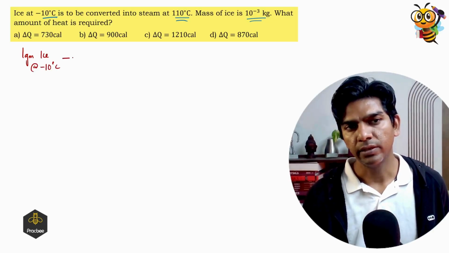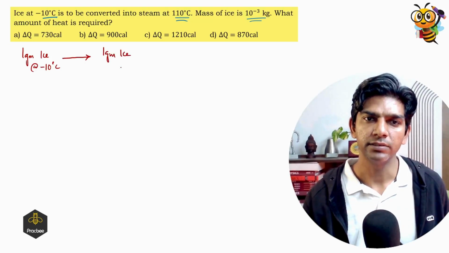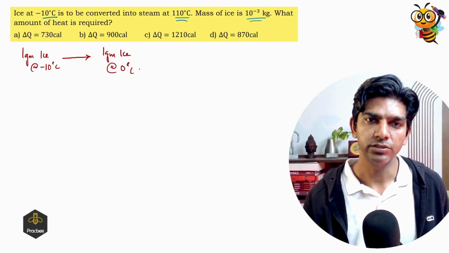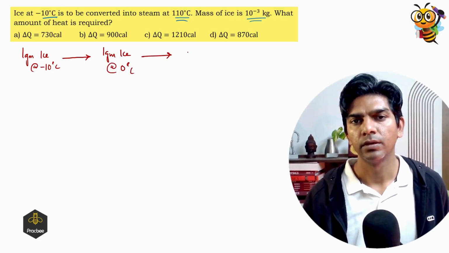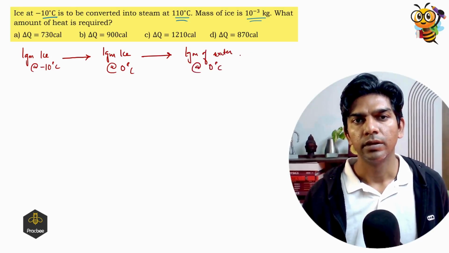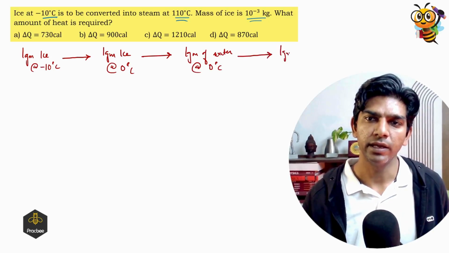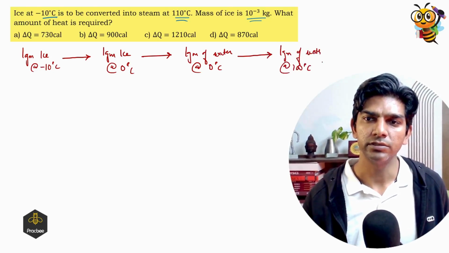Now first we'll increase the temperature of this ice. So we'll get 1 gram of ice at 0 degrees Celsius. Then there will be a phase change. So we'll get 1 gram of water at 0 degrees Celsius. Then we'll increase the temperature of water. So 1 gram of water at 100 degrees Celsius. Then there will be a phase change of water. So 1 gram of steam at 100 degrees Celsius.